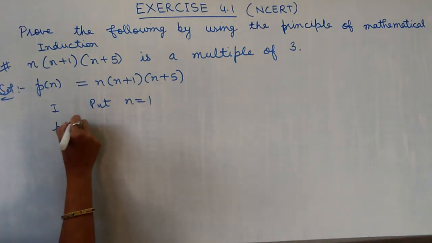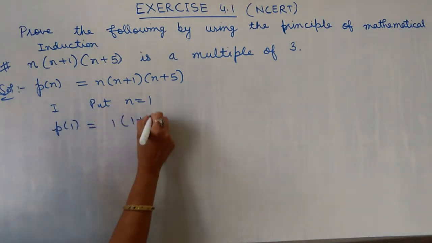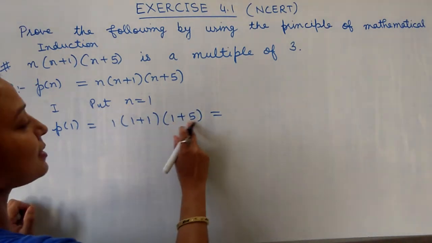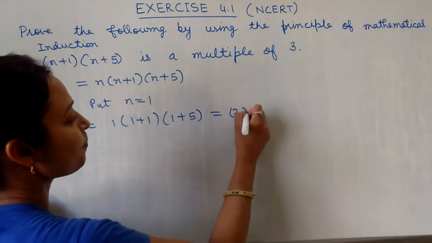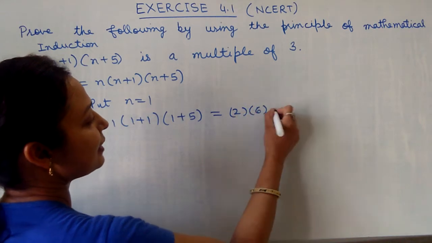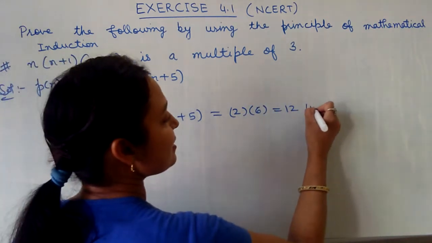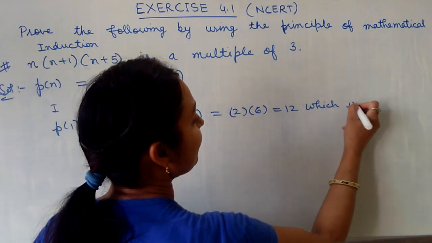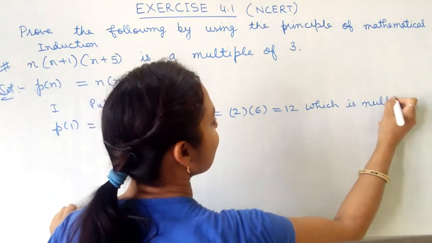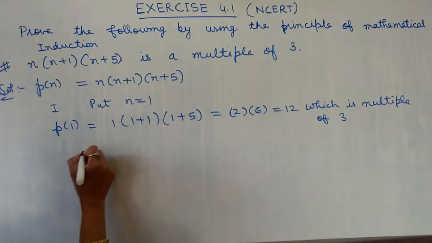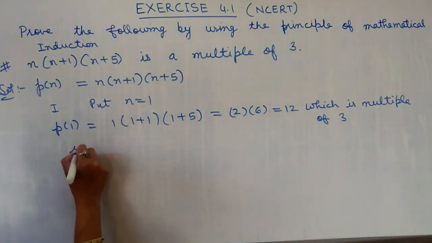P of 1 is 1 into (1 plus 1) into (1 plus 5). That equals 2, and 5 and 1 is 6, 2 times 6 is 12. It is a multiple of 3, right?